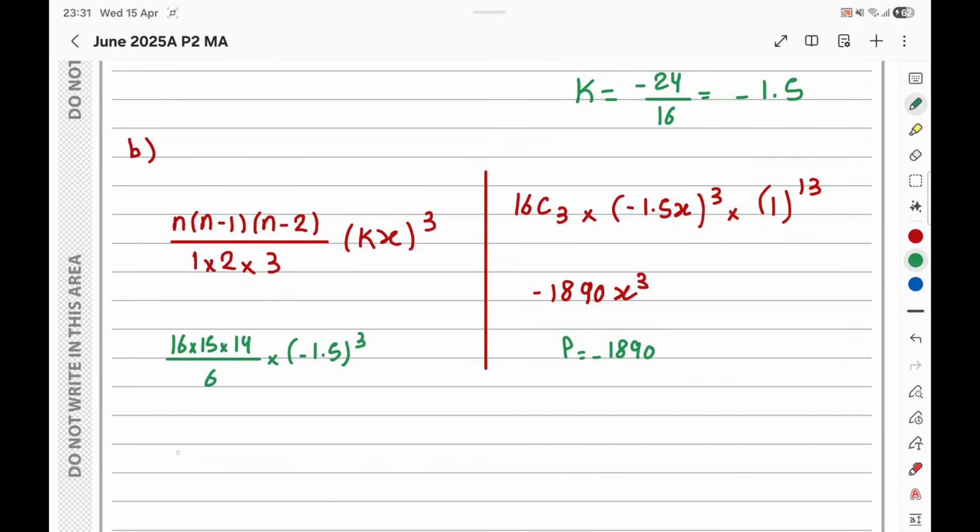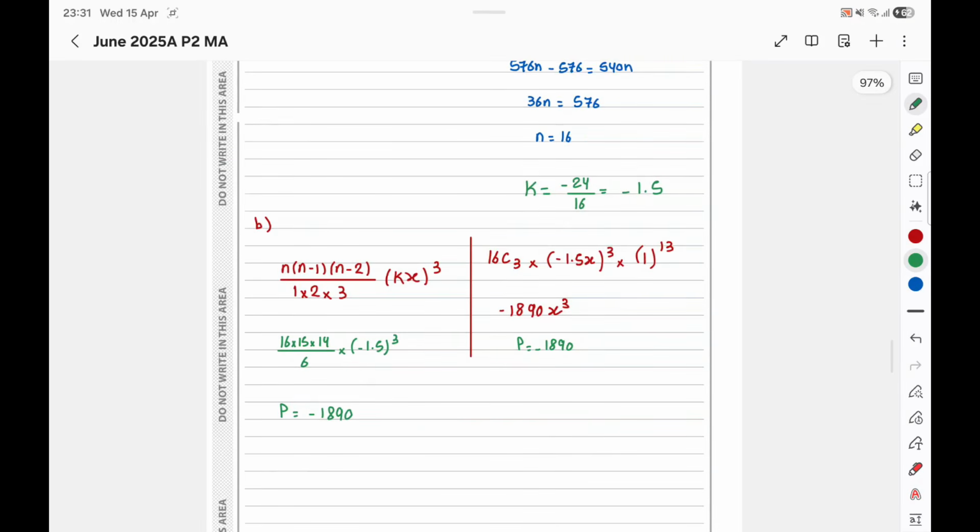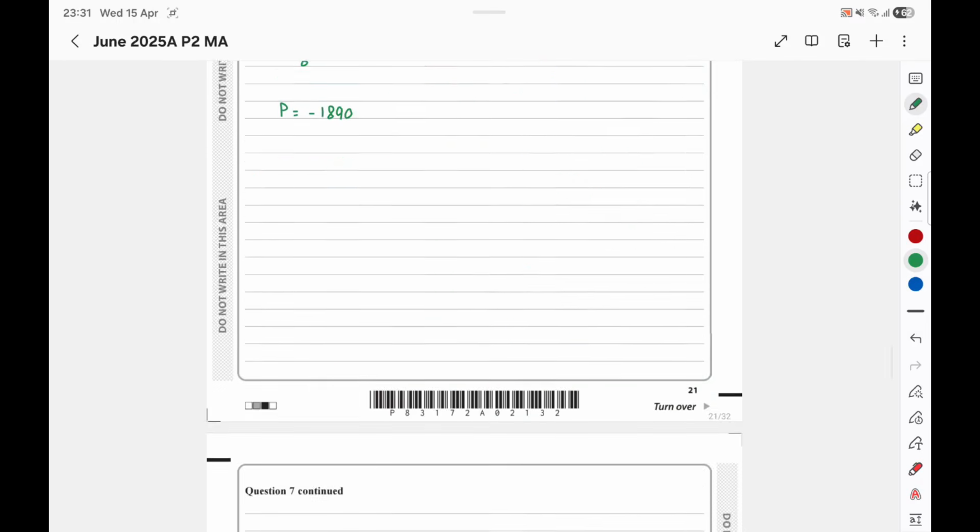Both are the same. p is equal to negative 1,890 as well. This was question 7. Let's move to question 8.